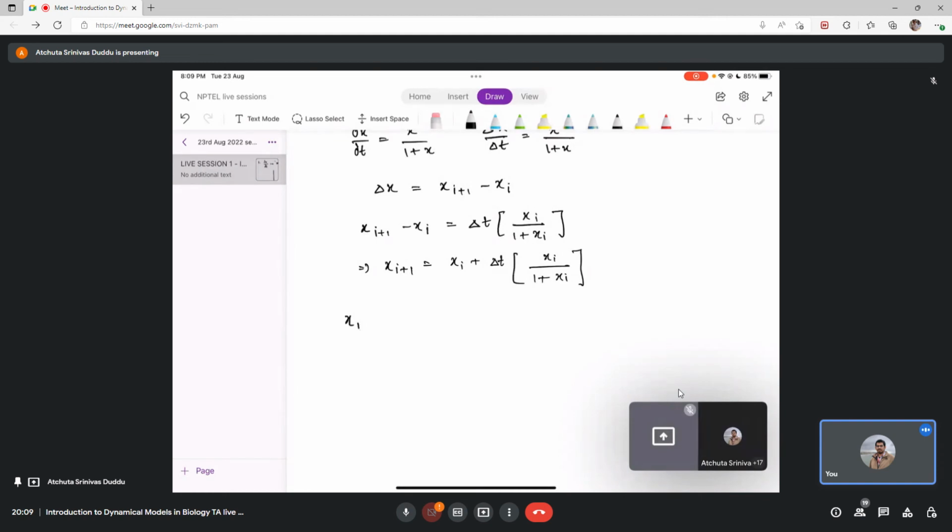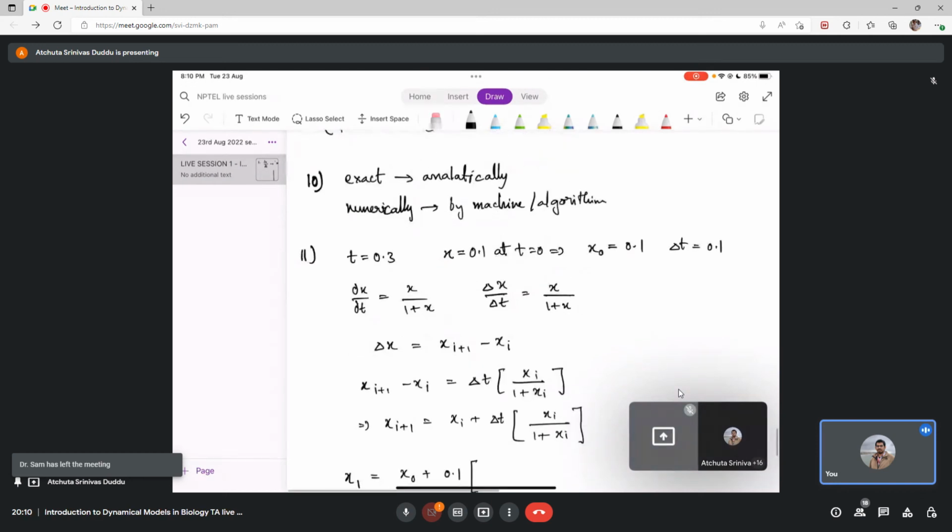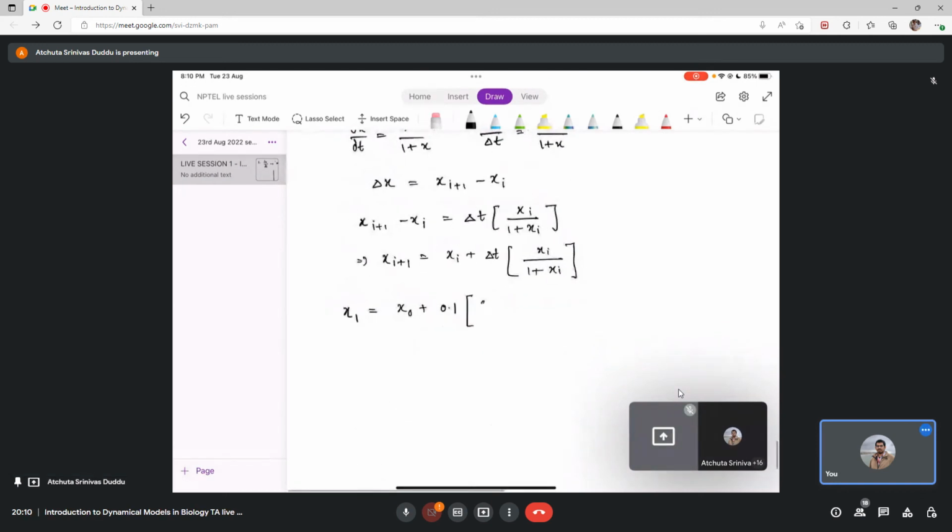So what would be x1? x1 would be x naught plus delta t, which is 0.1, times x naught, which is given as 0.1, so 0.1 by 1.1, which is equal to 0.1 plus 0.1 times 1 by 11, right?